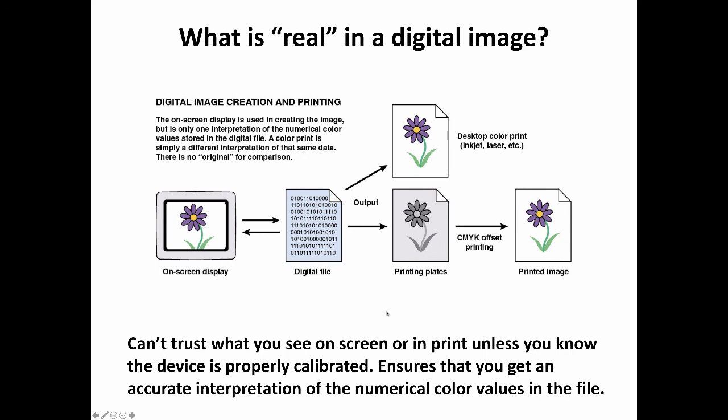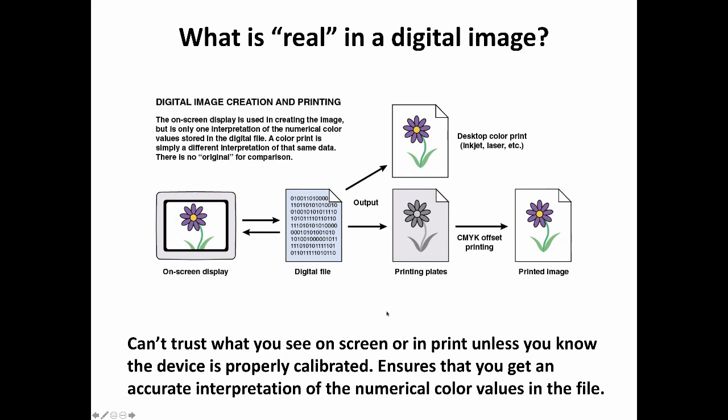And as you were creating that digital image, the only feedback that you had was what you saw on screen. You weren't really creating the image on the screen. You were simply saving numbers into a digital file, and the screen was attempting to show you what those colors actually looked like. But you never really knew for sure if what you were seeing on screen matched the numbers that you were saving in that digital file.